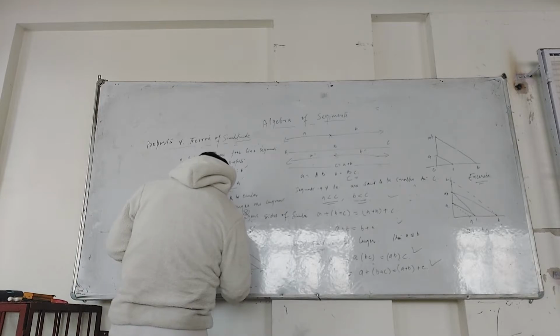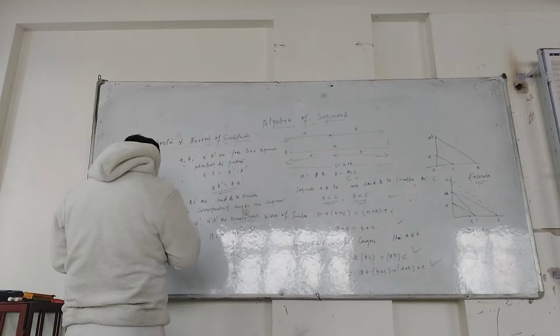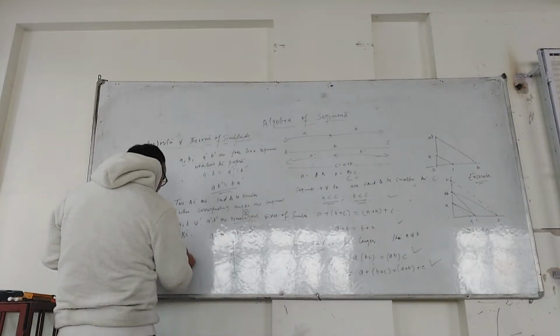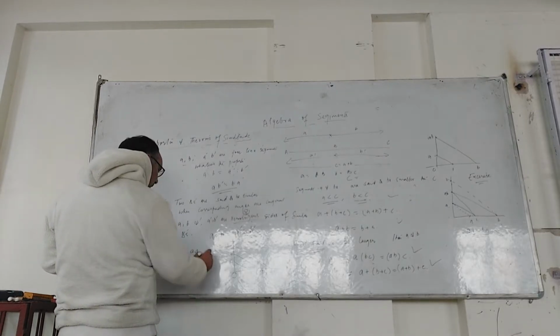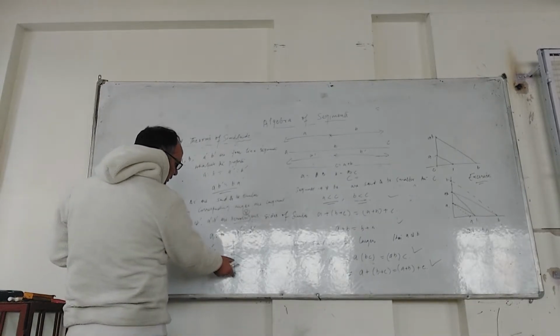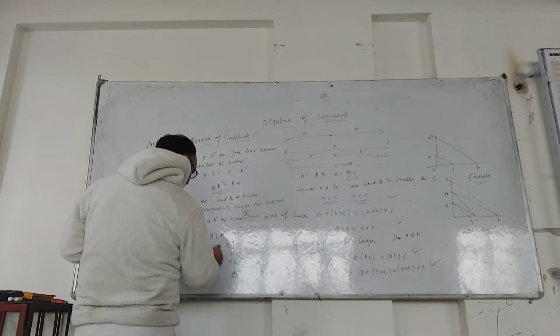This is the point that forms this R. According to our definition of the product of these line segments, B is equal to B times B, and B prime is equal to B prime, B prime, and E prime.